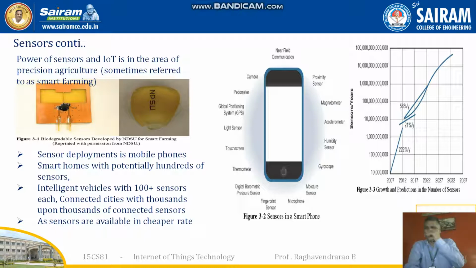Now, according to this process, there is growth in the predicted number of sensors. By 2032 to 2037, in between that, you can just see how much the sensors are going to be.